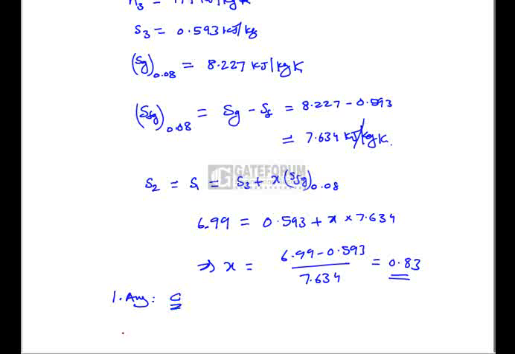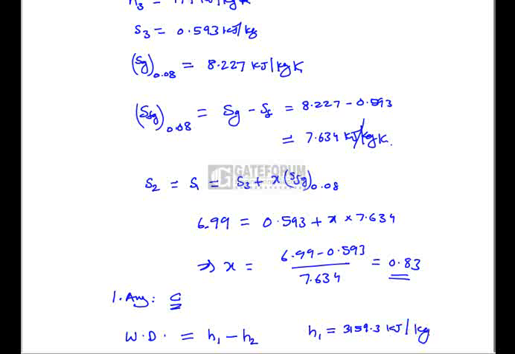And coming to the work done by the turbine, work done by the turbine is H1 minus H2. H1 minus H2 gives work done by the turbine per kg of steam. Here H1 is an already known value, that is equal to 3159.3 kilojoule per kg.